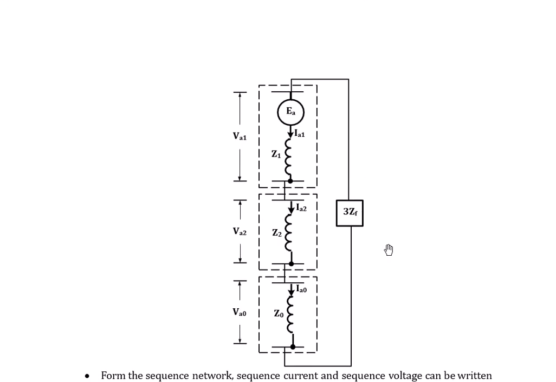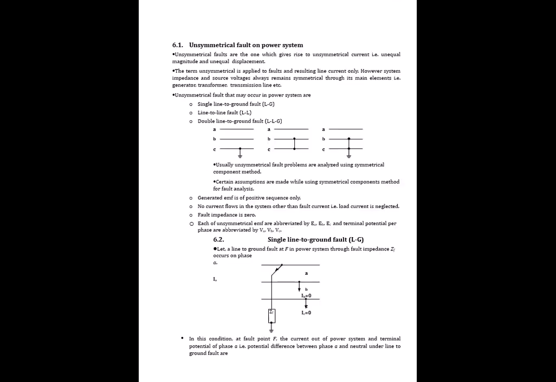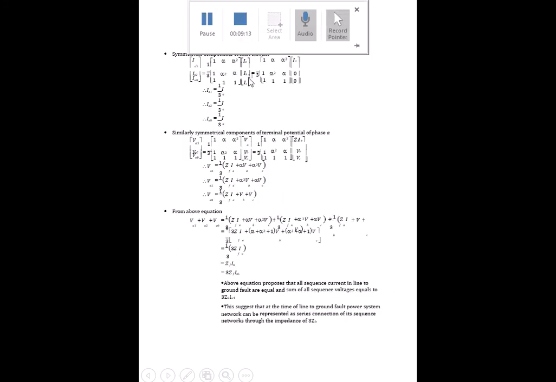Whenever LG fault is asked in an exam, what should you write? You should start with this: first write that this is the fault. Then write the current equation and voltage equation, and write this conclusion, because this conclusion is very important.